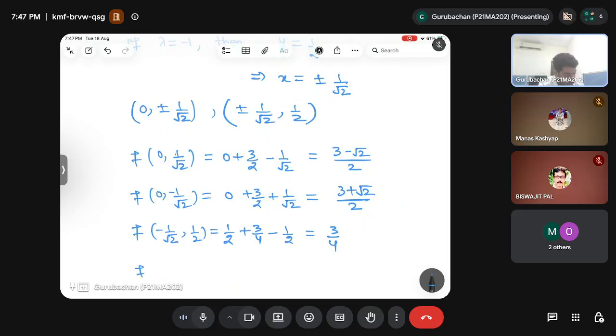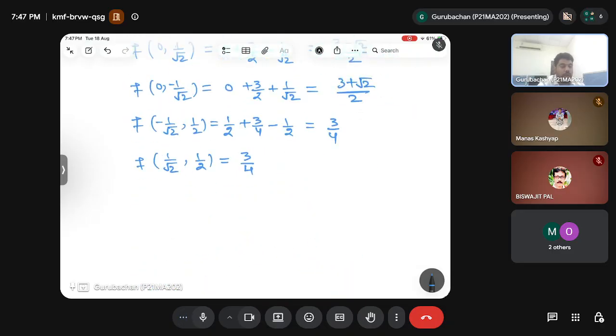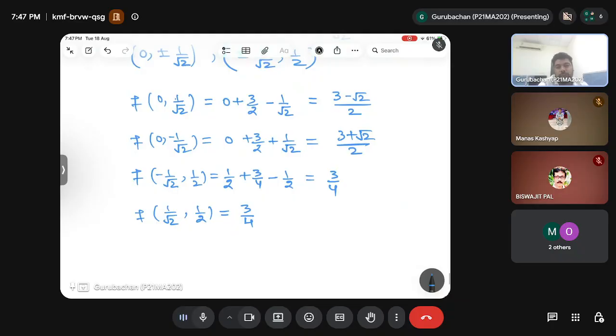And this will again give you 3 by 4. You can check this one. So you have all these 4 values under the constraint. So which one is the maximum?